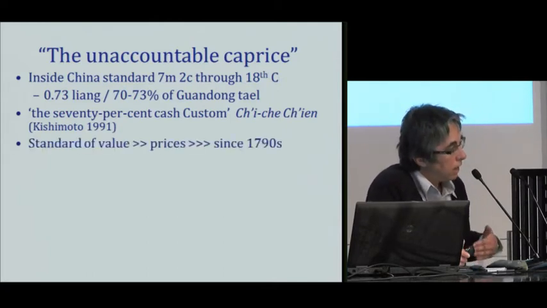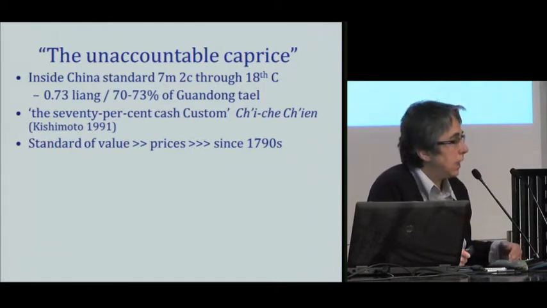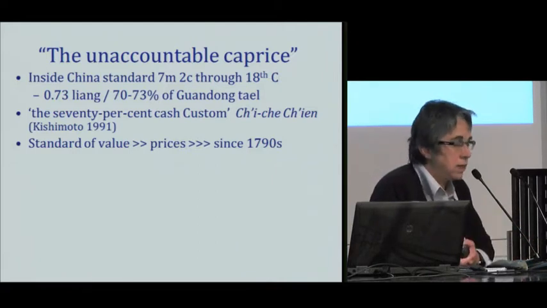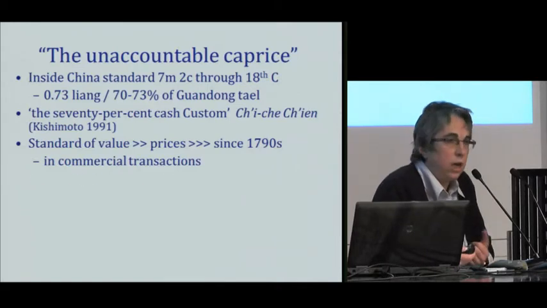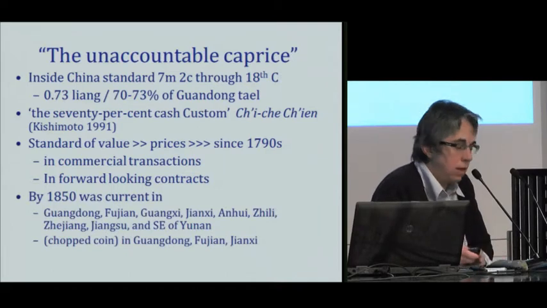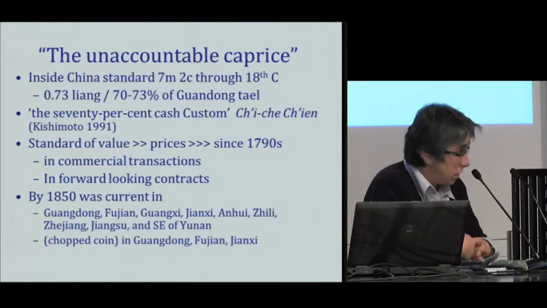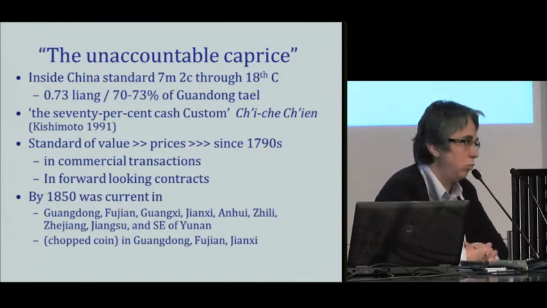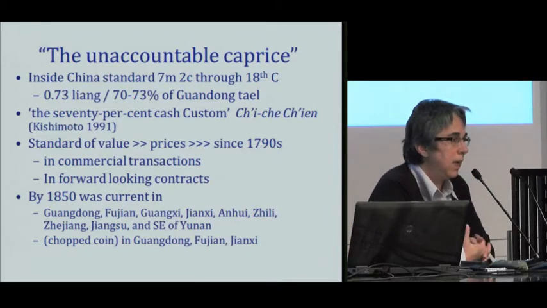That is, it increasingly became a standard of value for prices, and as far as I've seen, at least since the 1790s it appears in commercial transactions, in forward-looking contracts, and by the 1850s, this coin or the standard of value is current in most of southern China and some part of North China.